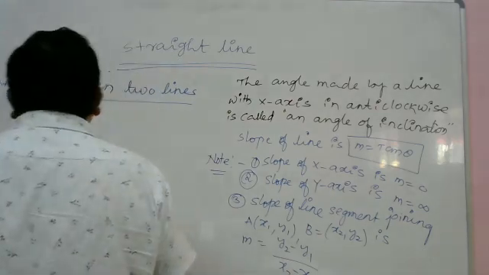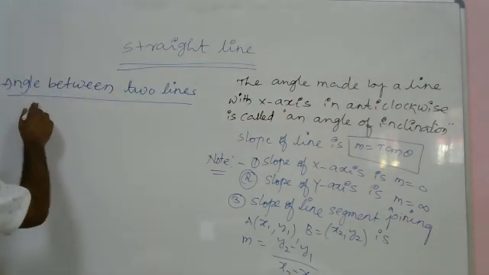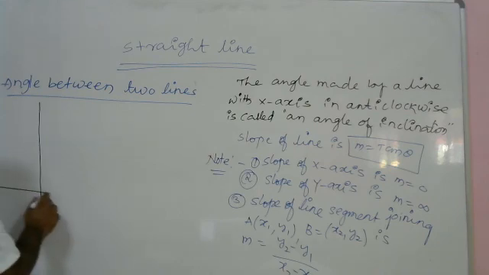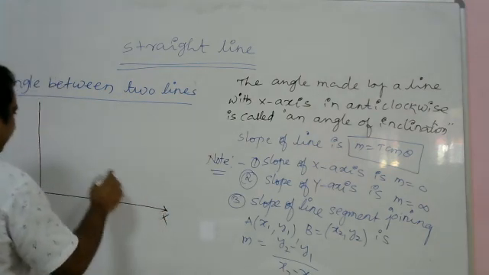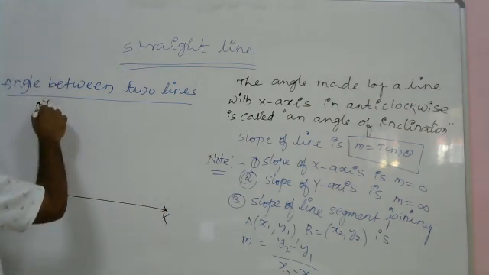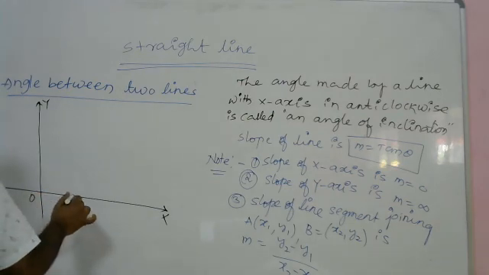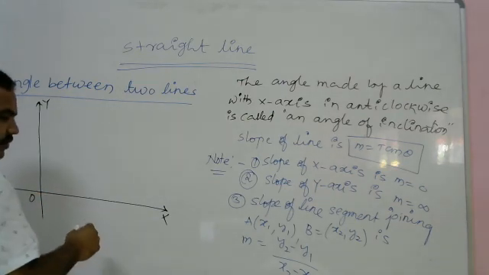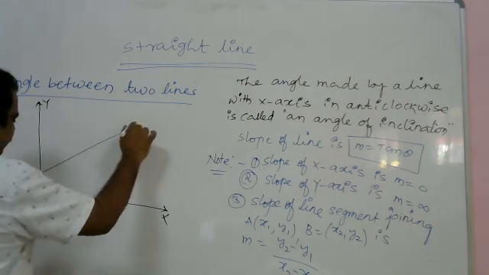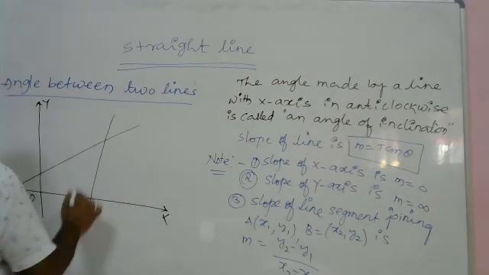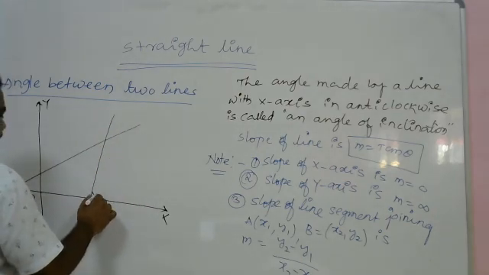See, in coordinate system, x-axis is given and y-axis is given. So one straight line is given like this, another straight line is like this. So this is making angle theta 1.